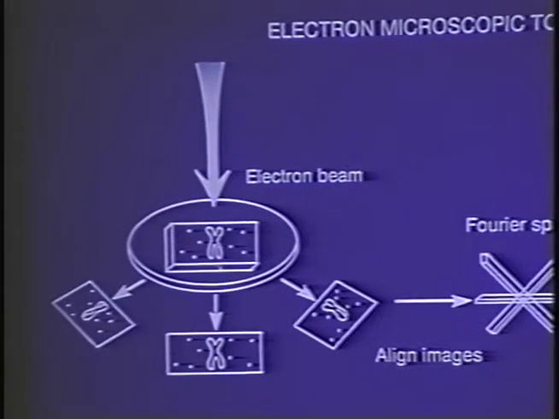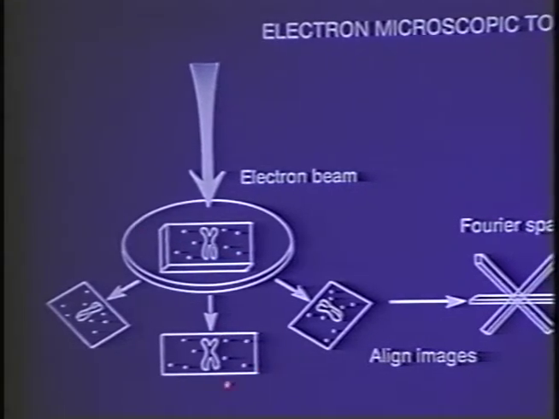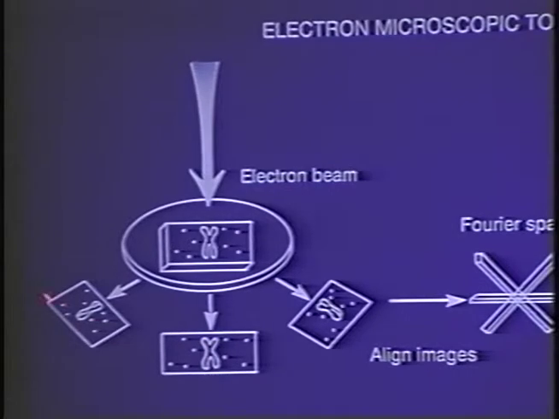Okay? And so just as Lee talked about taking stereo pairs, here what you do is you take many, many different tilted views, and we then try to synthesize them together in the computer to represent a single coherent three-dimensional view of what's going on inside of the object. And these colloidal gold particles are going to be crucial for the actual physical alignment of the various images with respect to one another.